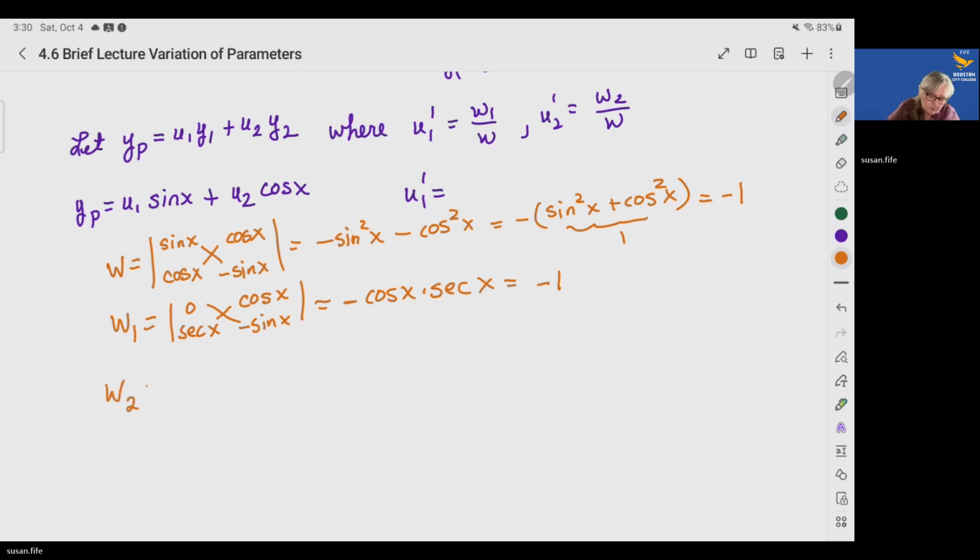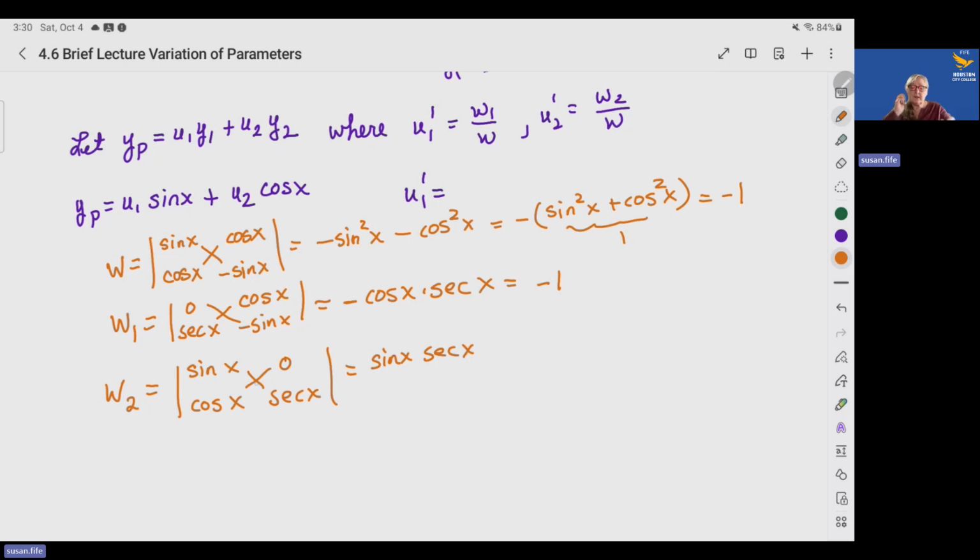W2: I have the y1 column, sine x and cosine x, and the y2 column becomes 0 and secant x. So here, I'm going to get sine x secant x, minus 0.